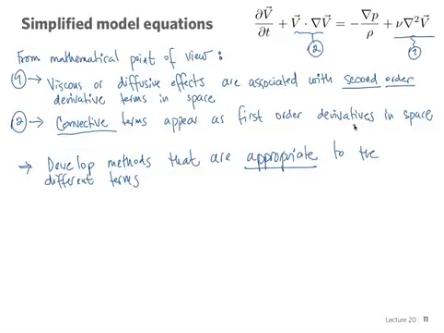And the way that we look at that is by looking at simplified equations that have only one of these components in them. Do you remember when we were looking at the Navier-Stokes equations, and we looked at some simplified models in the beginning? For example, we had Poiseuille flow, and that was dominated by viscosity.